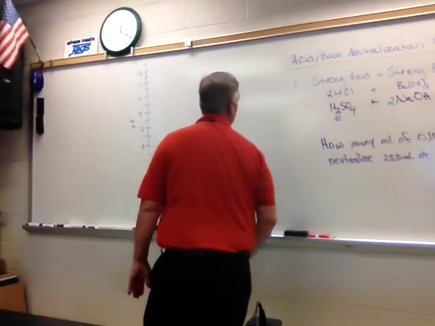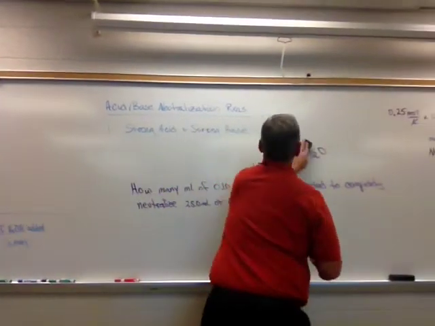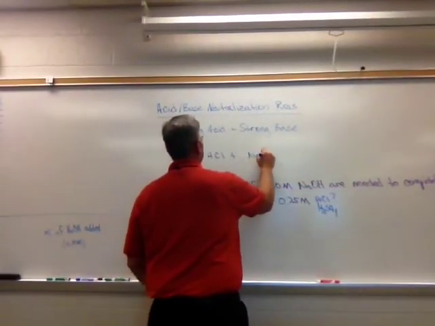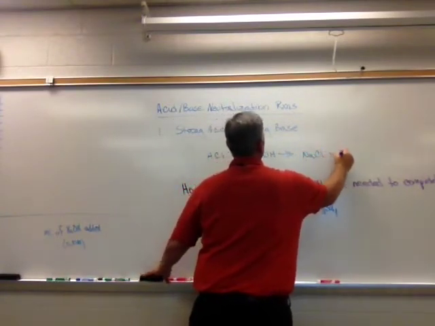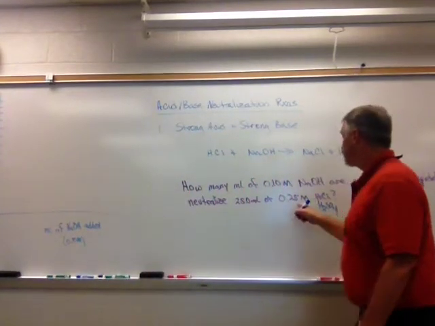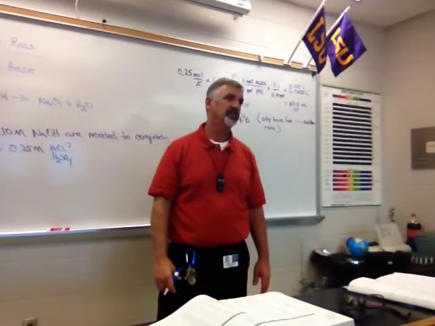added. So if I start with what we started originally, HCl plus NaOH, NaCl plus H2O. Okay? If I have 0.25 molar HCl, where's my pH going to be? Near?